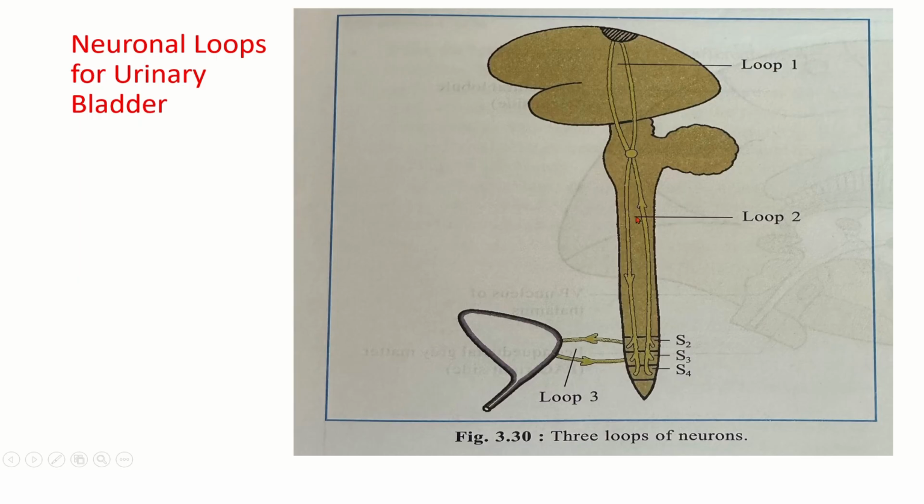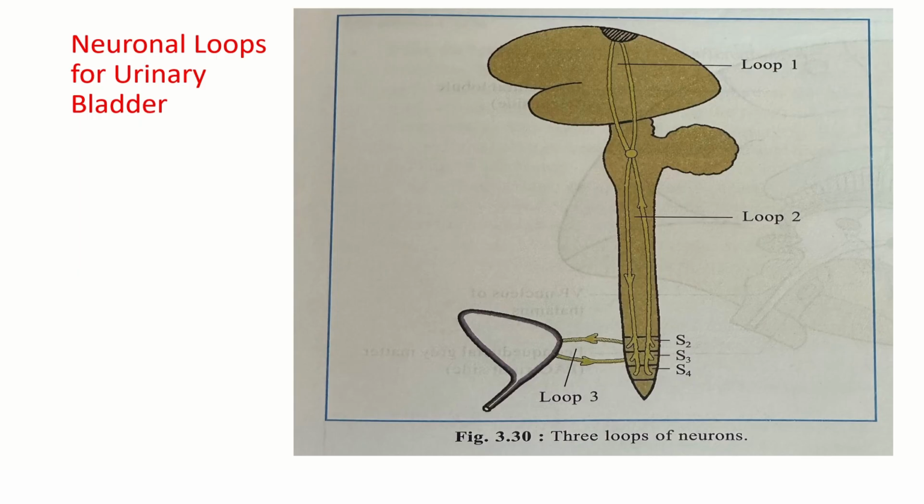Then loop 2 is the reticulosacral loop. So it connects the detrusor center with the sacral micturition center, again by ascending and descending fibers. So upper motor neurons from the pyramidal and extrapyramidal tracts usually inhibit lateral horn cells of the S2, S3, S4 segments, except in children up to 3 years.